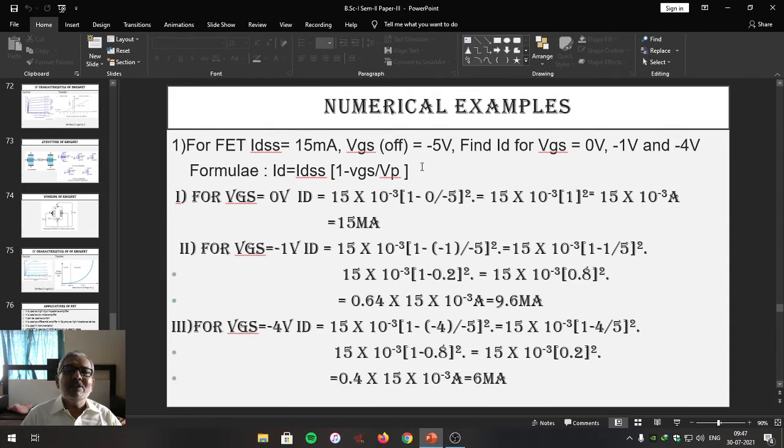The first formula to be remembered by you is ID, that is drain current, equal to IDSS, that is saturated drain current, into bracket 1 minus VGS upon VP, bracket square. So this is the important formula which is to be remembered by you.